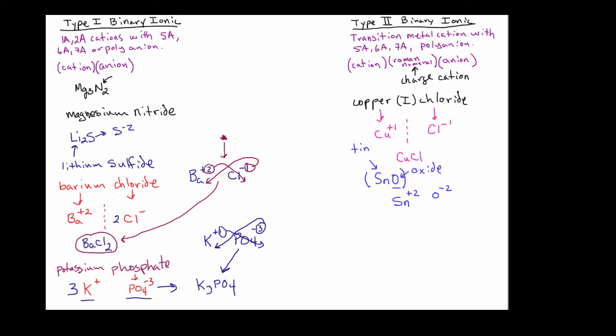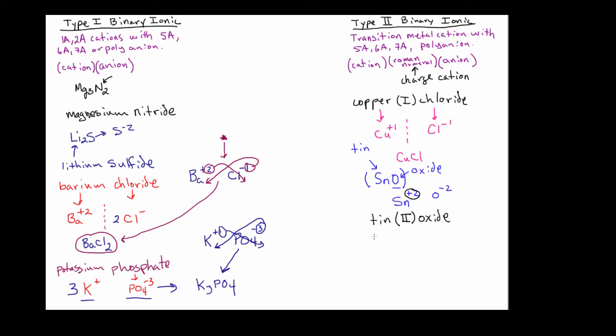So now to get the name, we write tin, and then the parentheses that will hold a Roman numeral for the magnitude of this charge. So it's going to be Roman numeral 2, and then followed by the name of O minus 2, which is oxide. So the name of this compound is tin(II) oxide.